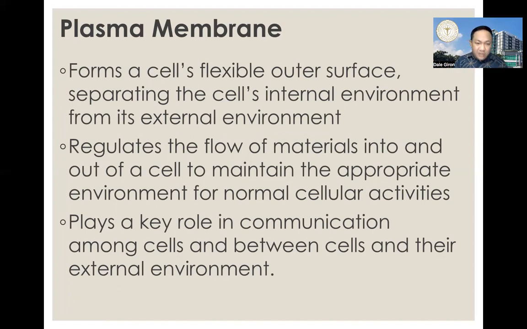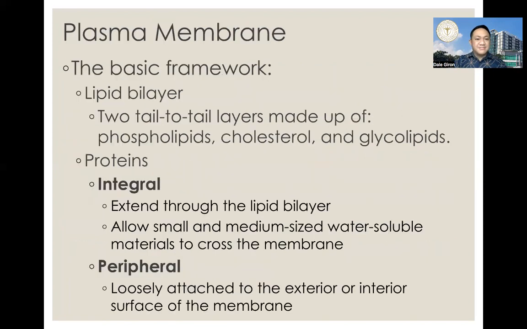So it filters and regulates what is needed in the inflow and outflow of the cell to maintain homeostasis. It also plays a key role in communication among cells and between cells and their external environment. So, in short, the plasma membrane regulates, communicates, and forms the outer surface.